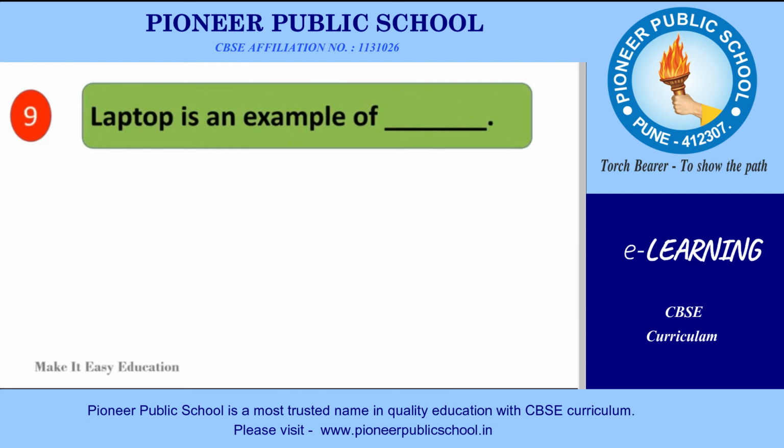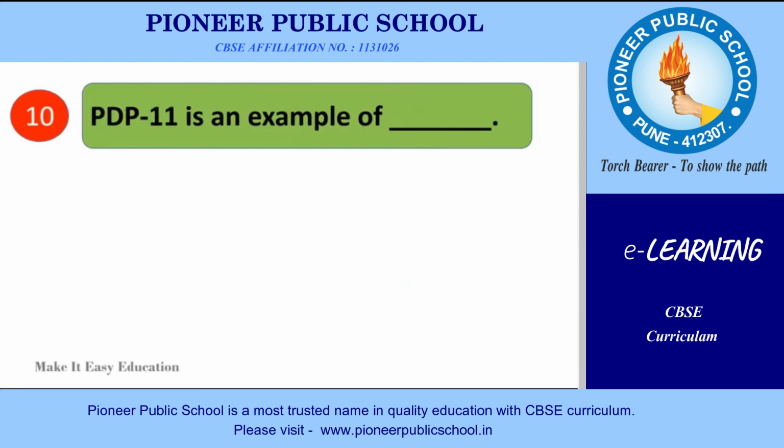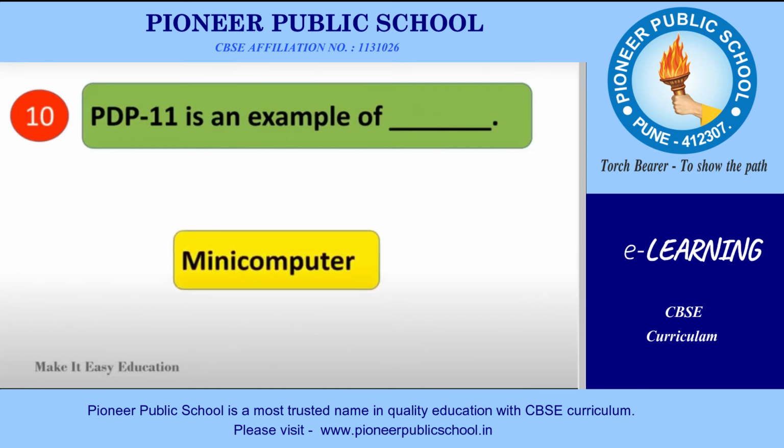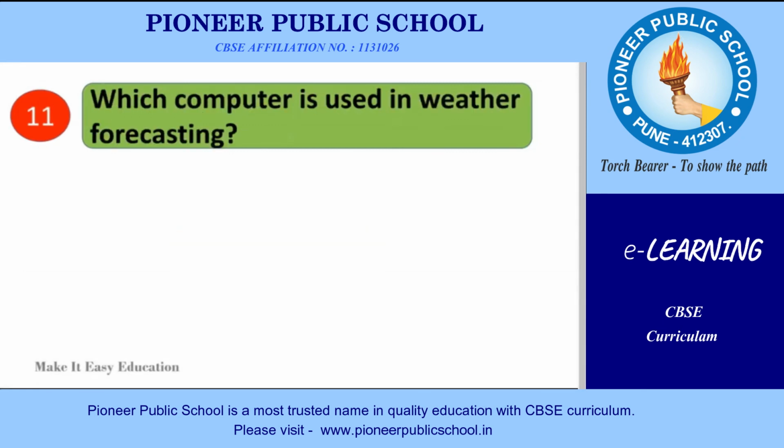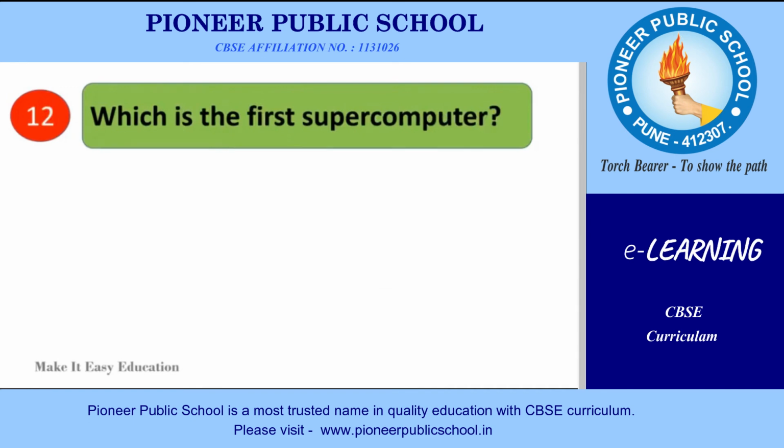Laptop is an example of microcomputers. And PDP-11 is an example of mini computers. Which computer is used in weather forecasting? Supercomputers are used.